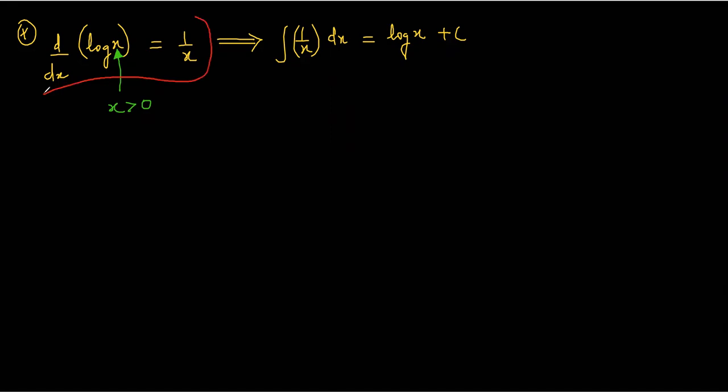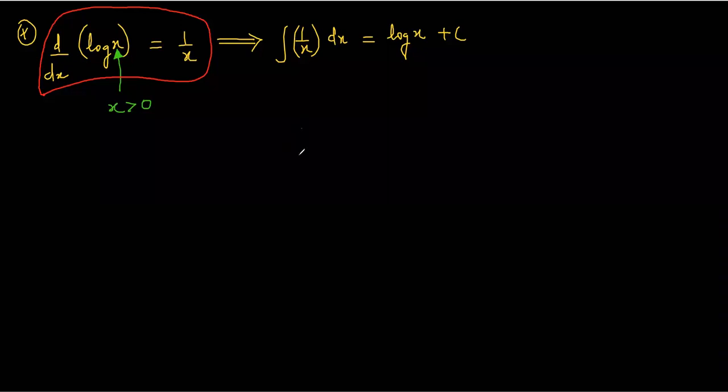So remember, if you consider only this part, which I enclosed in the red color, d by dx of log x is 1 by x, and the x is greater than 0. But now come to the right side. Here I'm having integration of 1 upon x.